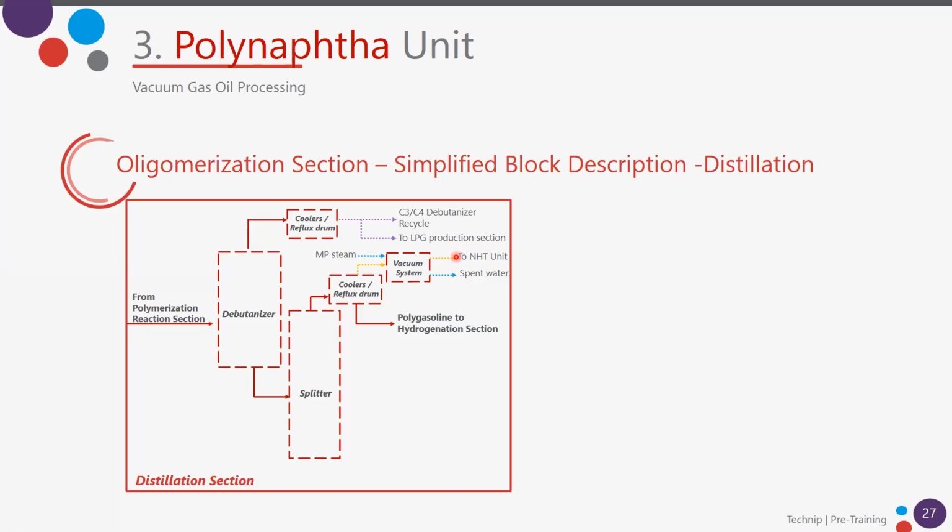Okay, that's the system that we have for the splitter to operate at vacuum conditions. And the bottom product of the splitter we will send to the diesel hydrotreating unit, okay? Remember that we will have heavier compounds that will not be adequate for the gasoline pool, so we will send it to the diesel hydrotreating unit.